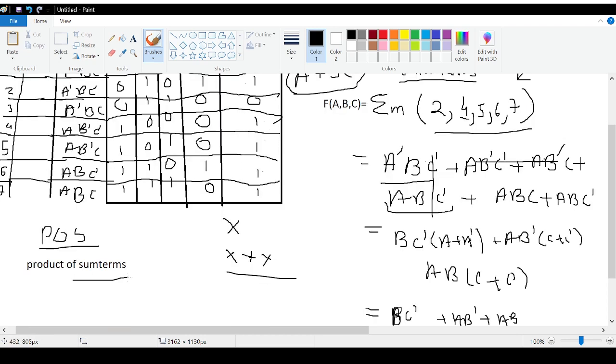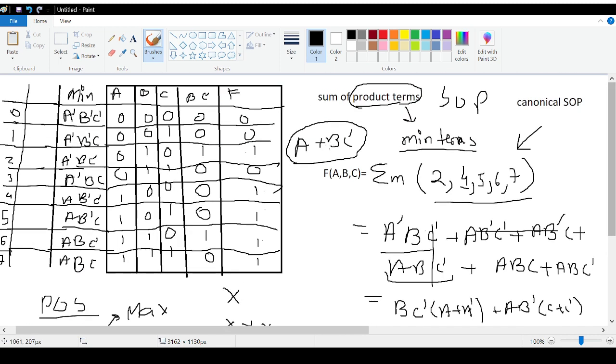Now sum terms have a synonym called max terms. So max terms are sum terms. For the min term, this is min terms for product terms. Now I will find max terms.